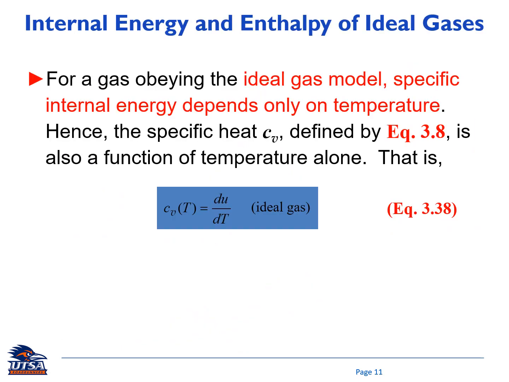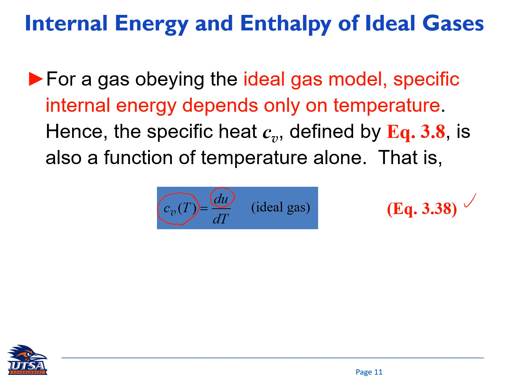For a gas obeying the ideal gas model, specific internal energy depends only on temperature. Hence, the specific heat under constant volume condition defined by equation 3.8, you can look back on the previous slide, is also a function of temperature alone. So hence we have equation 3.38 here. Cv is only a function of temperature, and this is because u is a function of temperature only.